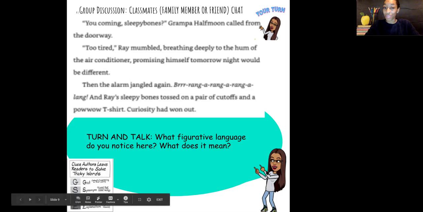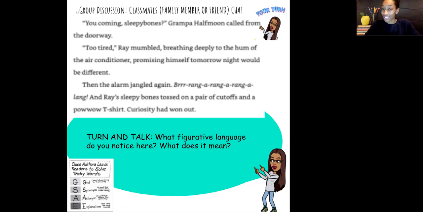All right, welcome back. So how did it go? Did you see the figurative language? Yes, that's right. Up here, sleepy bones, Grandpa Half Moon called from the doorway. Our bones literally don't fall asleep and have eyes and go to sleep like we do, right?